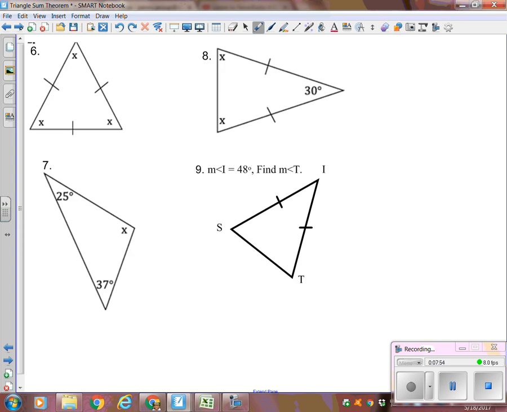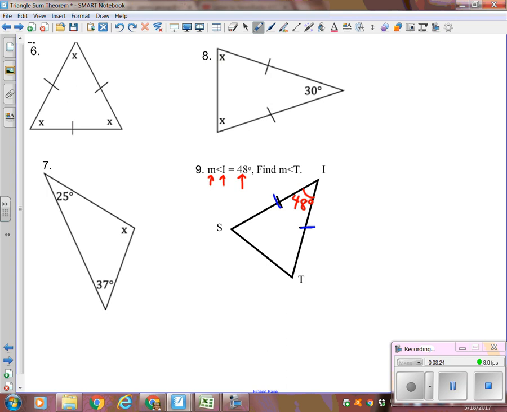When you get to the ones like number 9, number 9 does have the marks. It doesn't have the information in the triangle. But it's telling me the measure of angle I is 48. So I know I'm going to come up here and put 48 for I. These marks here tell me something that I really need to know. I have 2 equal sides.